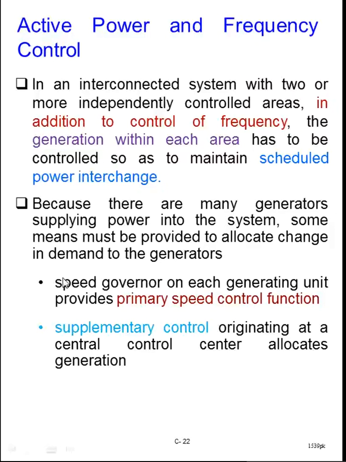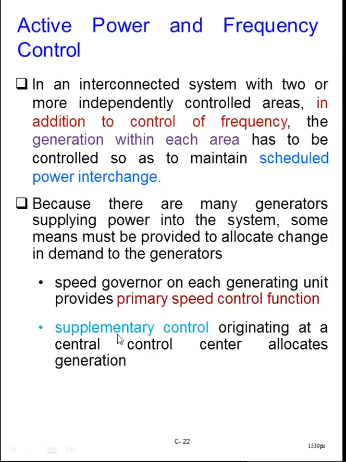I think earlier also I have said that in the governor, one is the inner loop, and that is the primary speed control loop, which will adjust in each generator unit. So primary speed control through the governor will be in each generator unit, but supplementary control will not be in each generator unit.